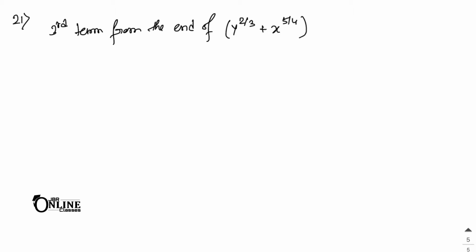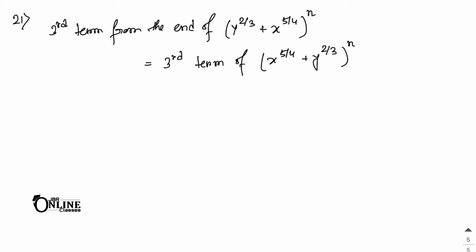In sum number 21, the binomial coefficient of the third term from the end. So here you can write down third term from the end of (y^(2/3) + x^(5/4))^n, which is equal to the third term of (x^(5/4) + y^(2/3))^n.